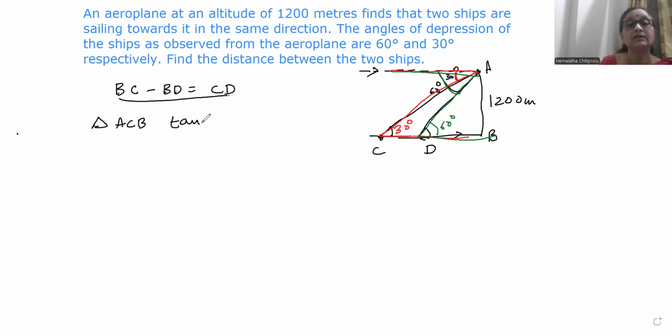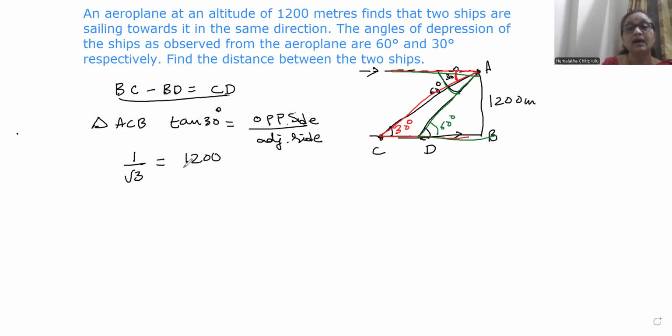So tan 30 degrees is equal to opposite side by adjacent side, where tan 30 is 1 by root 3, the opposite side is 1200 and the adjacent side is BC. From here, we will find BC. BC is equal to, cross multiplying, 1200 into root 3. This is our equation 1.